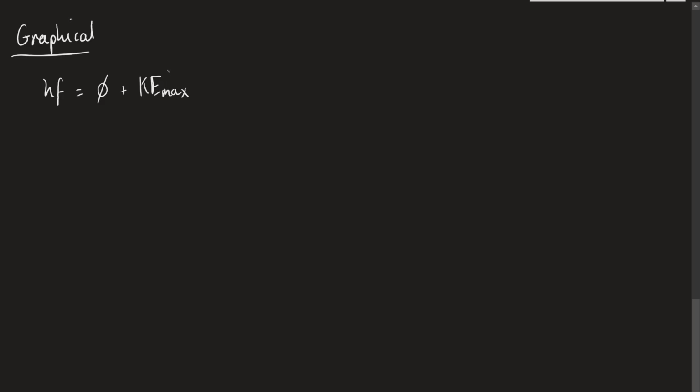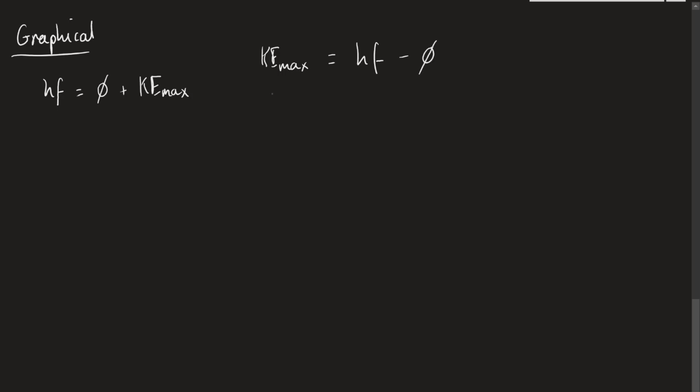The only two variables we have are going to be the kinetic energy, which can change, and the frequency that we can change. The work function and the Planck's constant are both constant values. So let's make this the subject of the formula. So let's have kinetic energy max is equal to hf minus the work function.